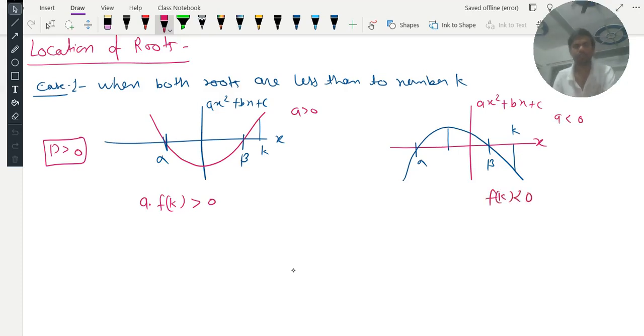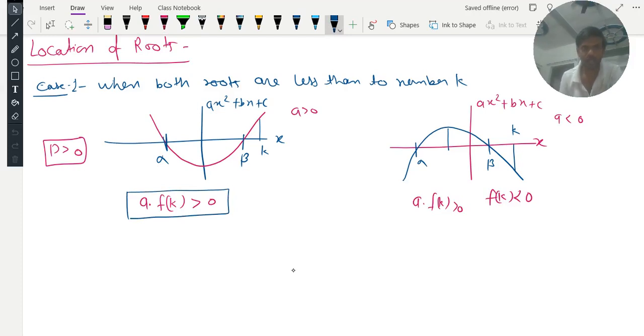When we multiply both inequalities, a into f of k will always be positive. So combining both, we can write a into f of k is greater than 0 for the case when both roots are less than any given number.